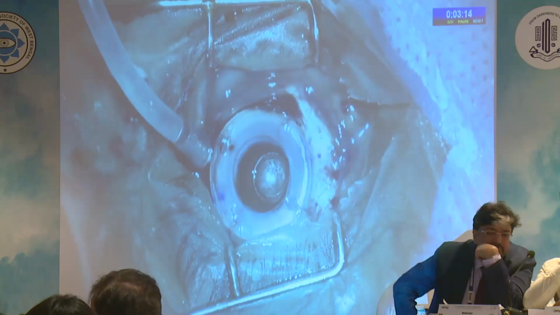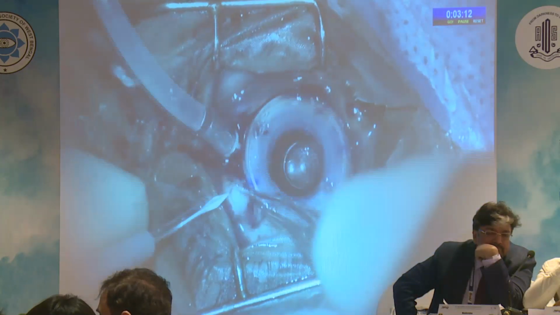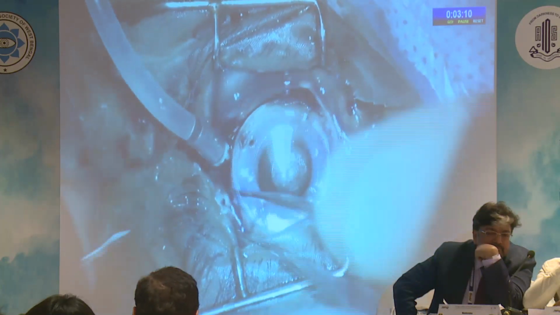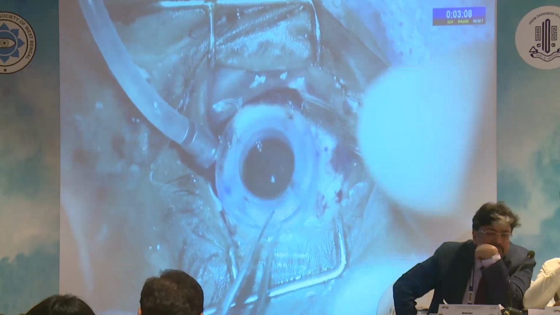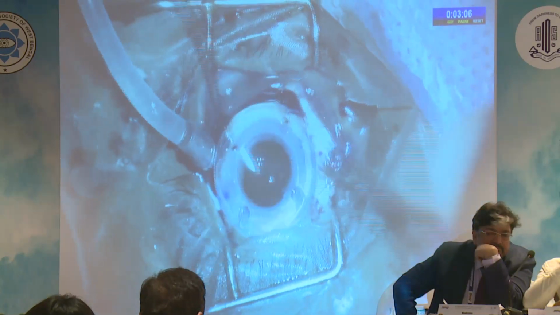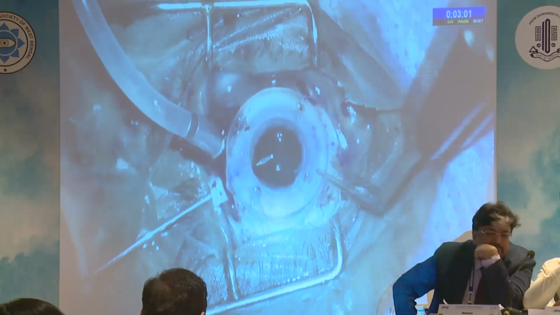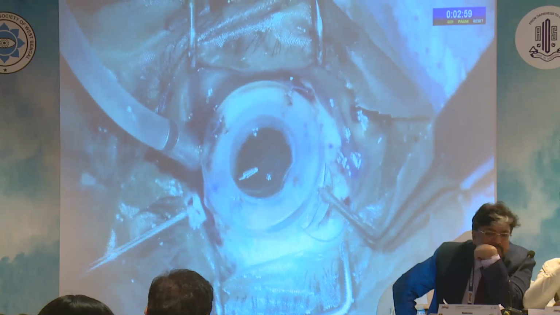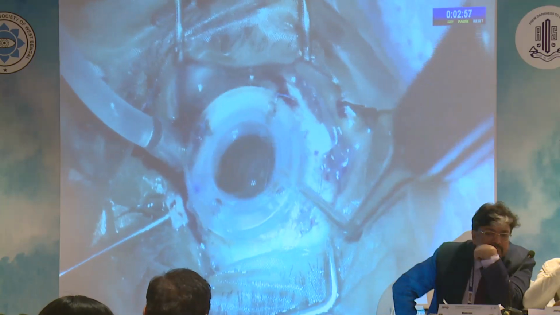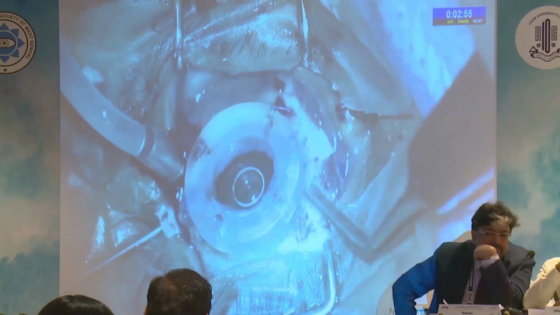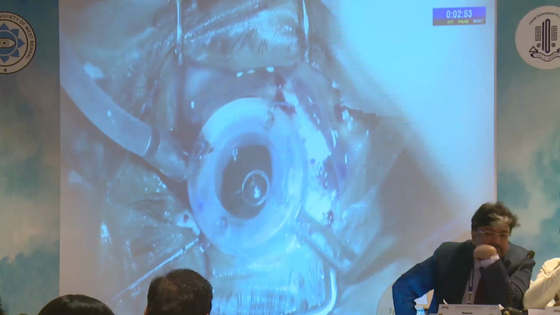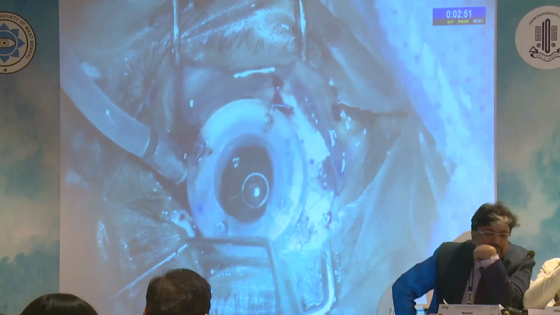2 pars plana entries were made 1.5 mm from the limbus underneath the scleral flaps, and the superior 2 sutures were cut, and through a handshake technique we are exteriorizing the first haptic of the 3-piece IOL from the temporal scleral incision.